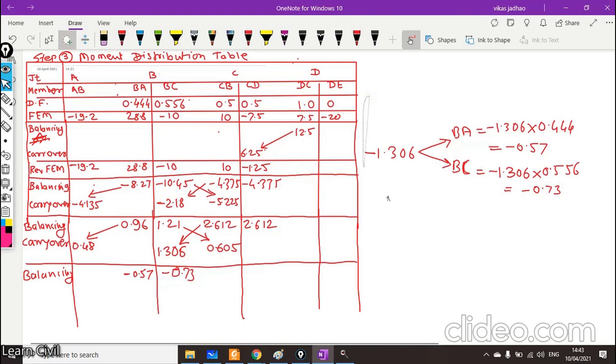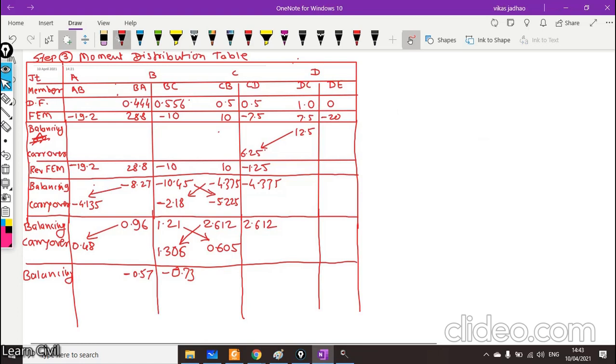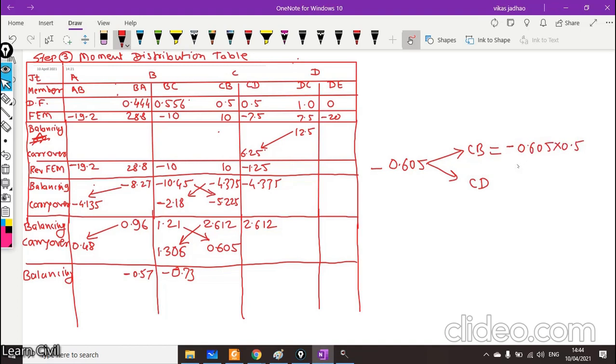Okay, now at joint C, we will be having unbalanced moment of 0.605, so a balancing moment of minus 0.605 will be applied. This will be shared by CB and CD. CB will be sharing 50% out of this minus 0.605, so this will be equal to 0.3.